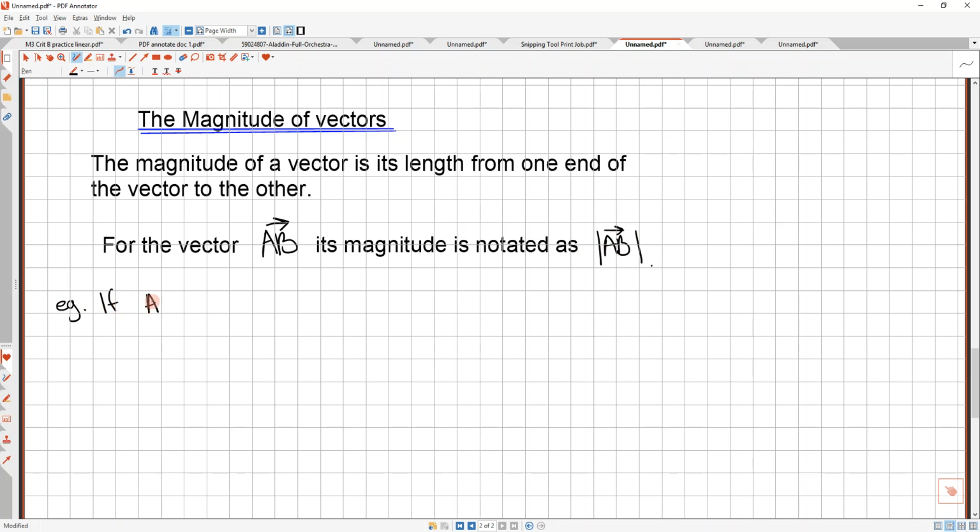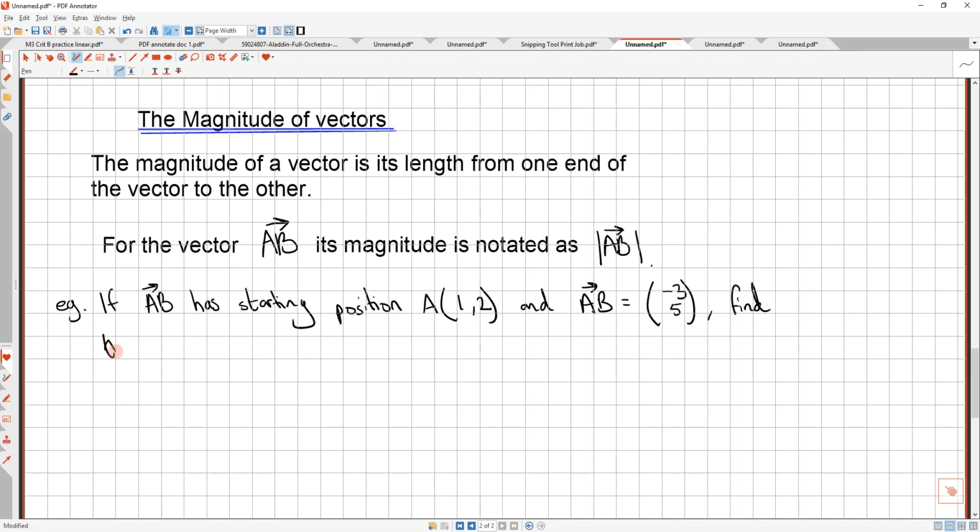Let's say the starting position is at A, and let's give it a coordinate. And A to B is the vector -3, 5.